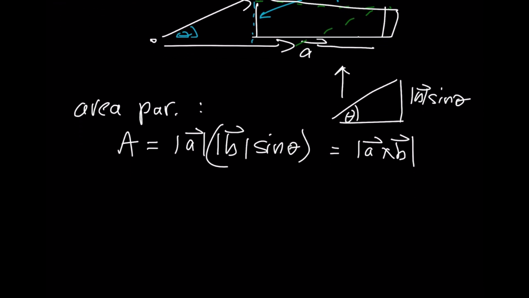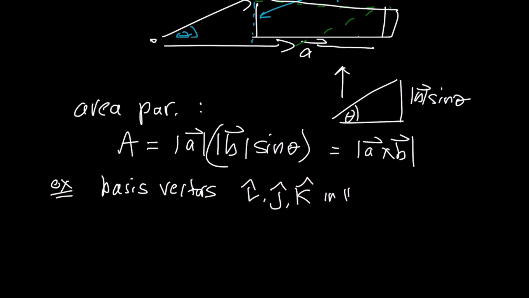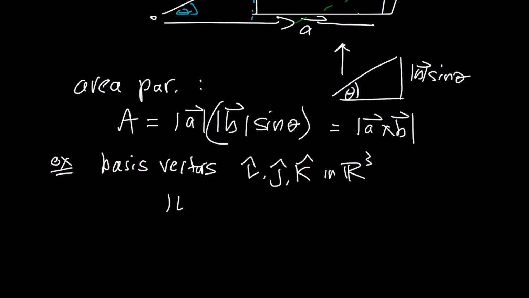Now, some very important common examples have to do with the basis vectors, i, j, and k in R3. The length of each one of these basis vectors is just 1.